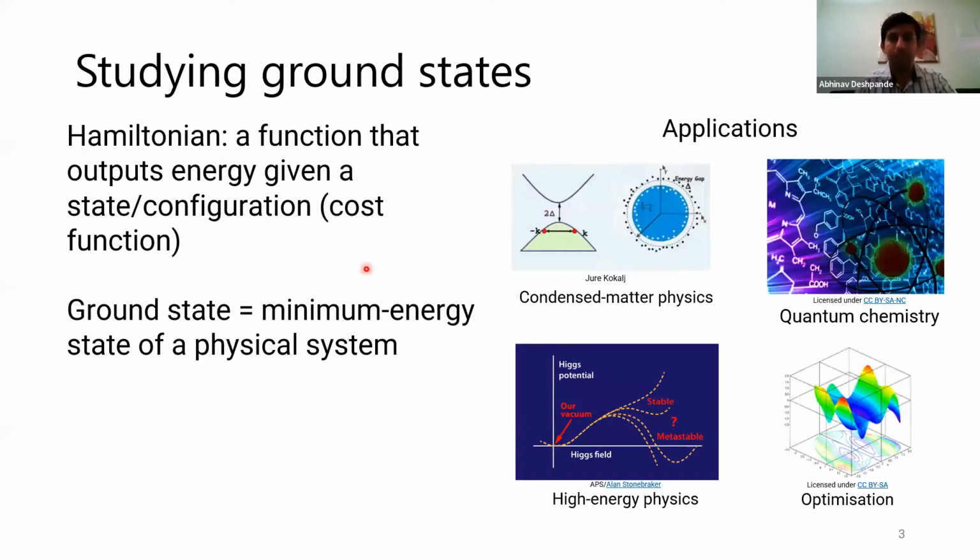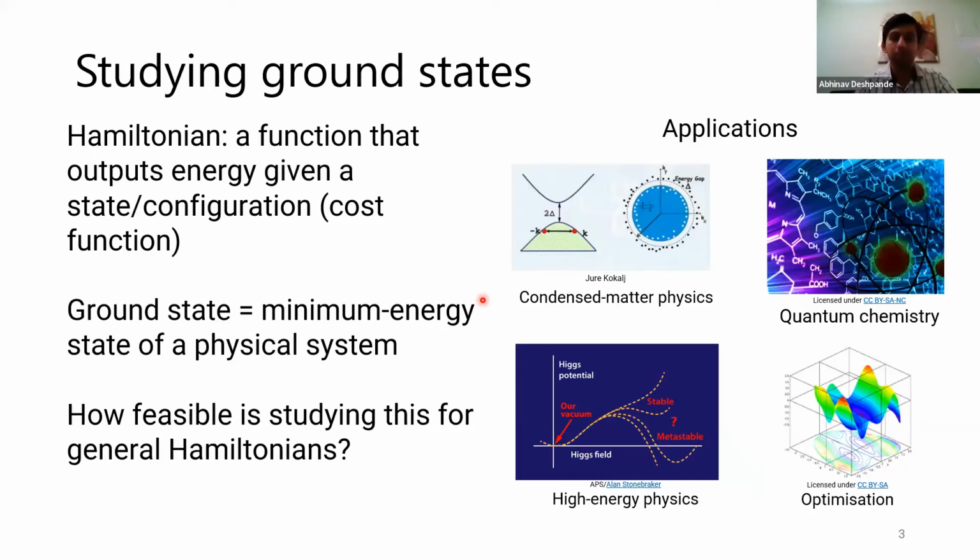And studying ground states is an activity that's very important in a lot of fields. It has applications, for example, in condensed matter physics, high energy physics, even quantum chemistry, and of course in optimization, because optimization problems such as constraint satisfaction problems can be expressed in terms of finding the ground state energy of some particular Hamiltonian.